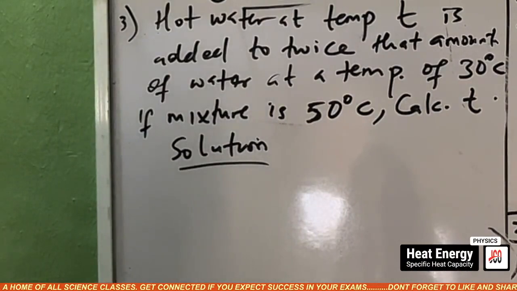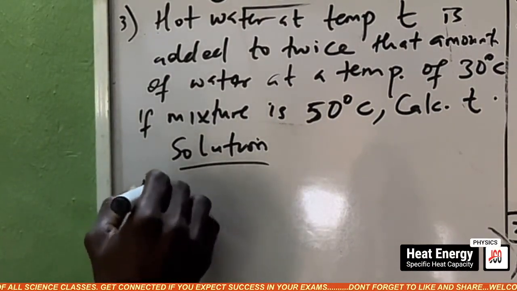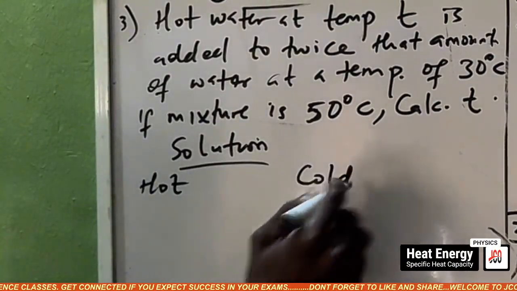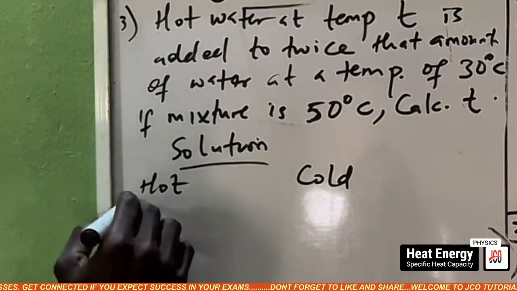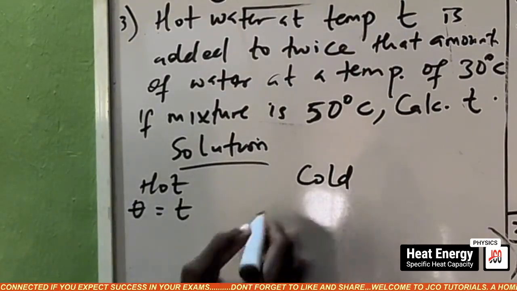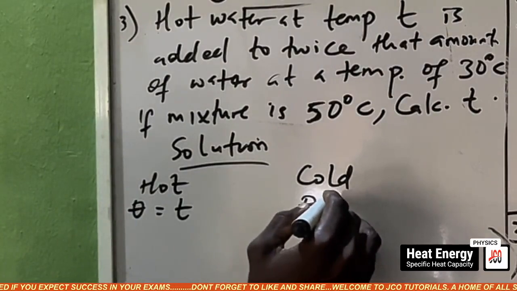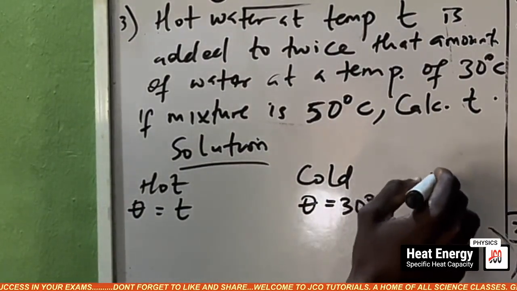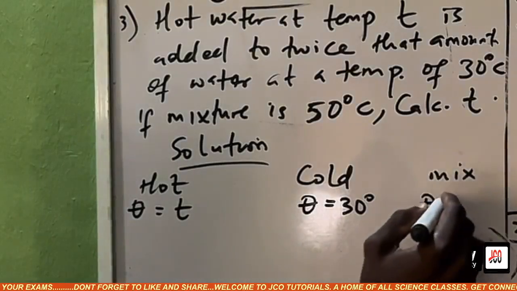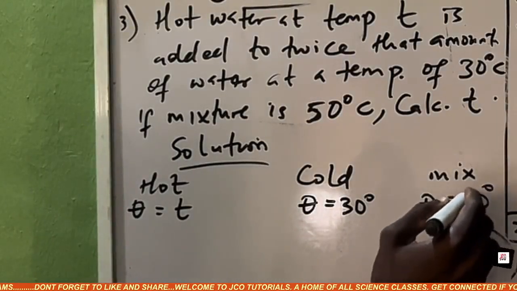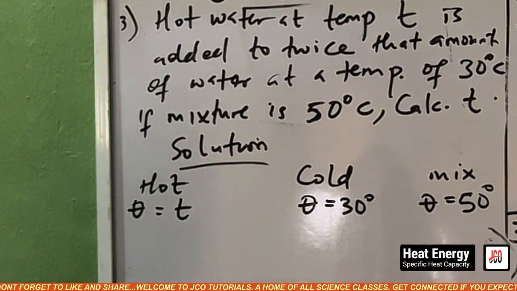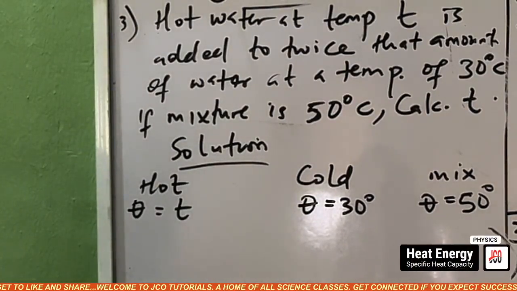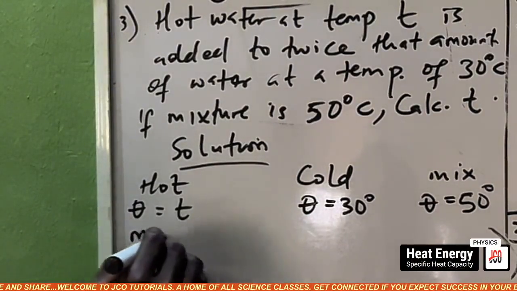So let's say this is hot, this is cold. Hot will lose temperature. Its own temperature here is T. The temperature of the cold is 30. Then the mixture has a temperature of 50 degrees Celsius.